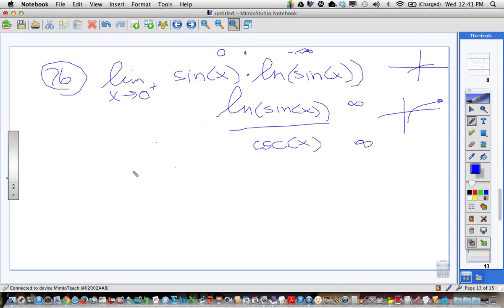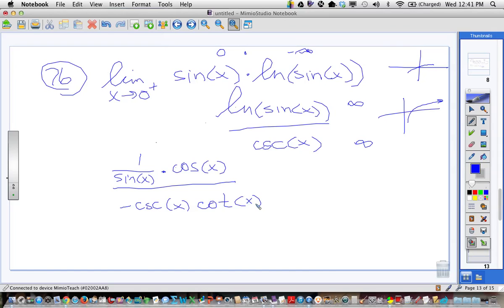We take the derivative of the top, which is 1 over sine times the derivative of the inside, which is cosine. And what's the derivative of cosecant? Negative cosecant times cotangent. Now we're going to plug a 0 into these.